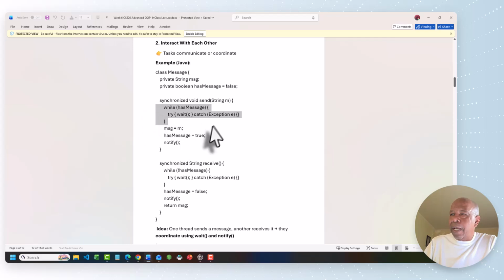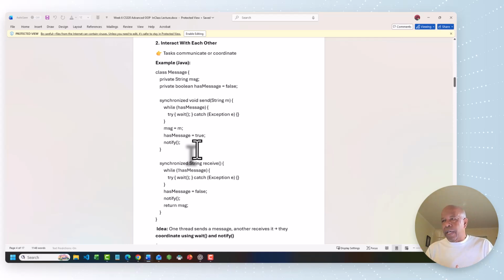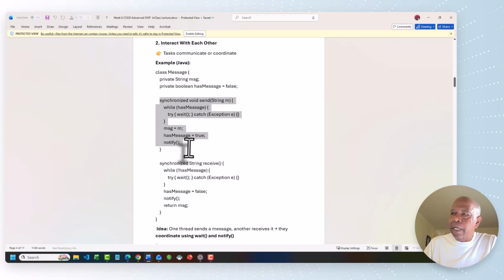And when the message comes in, when message becomes true, when I send it, I'm going to notify. This particular part is sending a message to the receiver saying, hey, I just sent you a message. And I have to synchronize this with the receiving. So here's the sending. I'm sending the message.